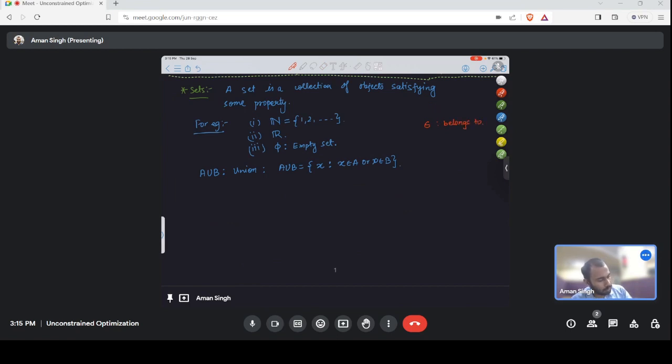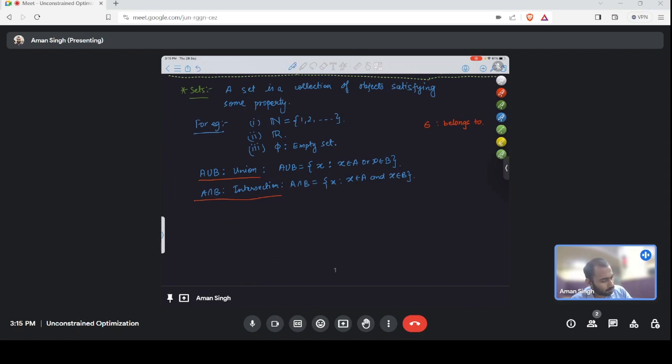So if x belongs either to A or B, then it belongs to A union B. Now let's go to A intersection B. It's called intersection, and it can be mathematically written as x such that x belongs to A and x belongs to B. So it should belong to both A and B, then it belongs to A intersection B.